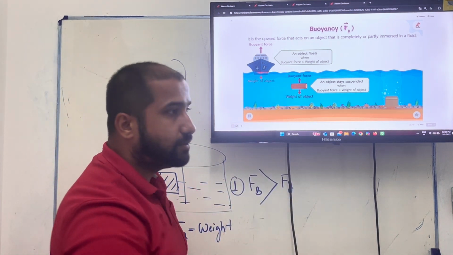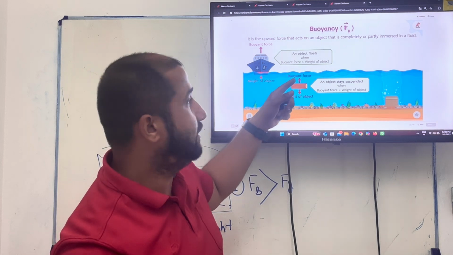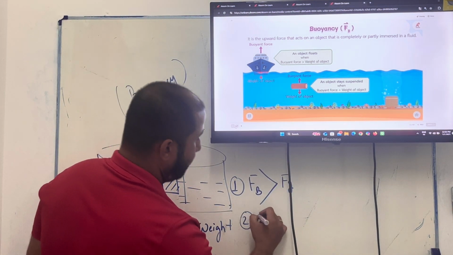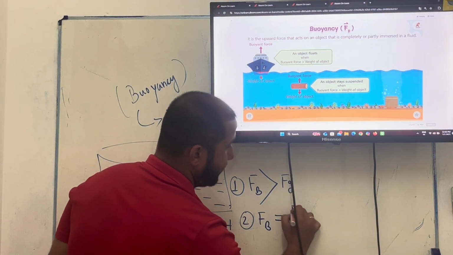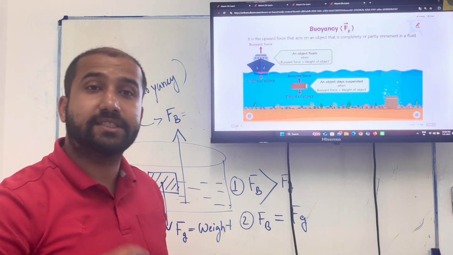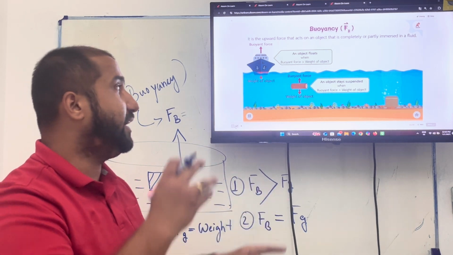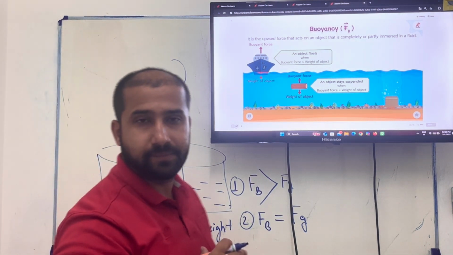It will not float, not sink. It will just stay at the same level. That means in case 2, the buoyancy force is equal to the weight of the object. If the weight of the object and the buoyancy force are the same, it will not float, it will not sink. It will just be submerged under the water.